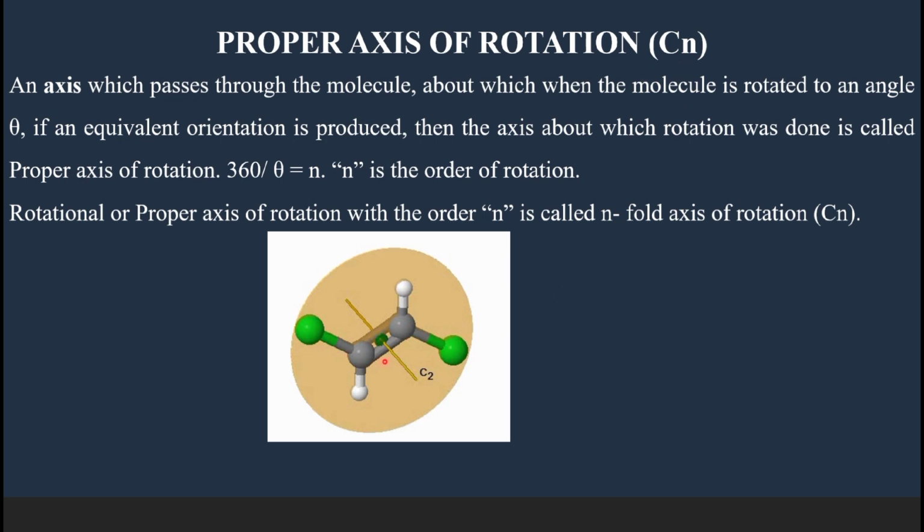So the angle to which you have to rotate to get the equivalent structure is theta. So 360 by theta will give you n, which is called order of rotation, which means the number of times you will get equivalent and identical structures when you rotate the molecule for 360 degrees about this rotational axis of symmetry.